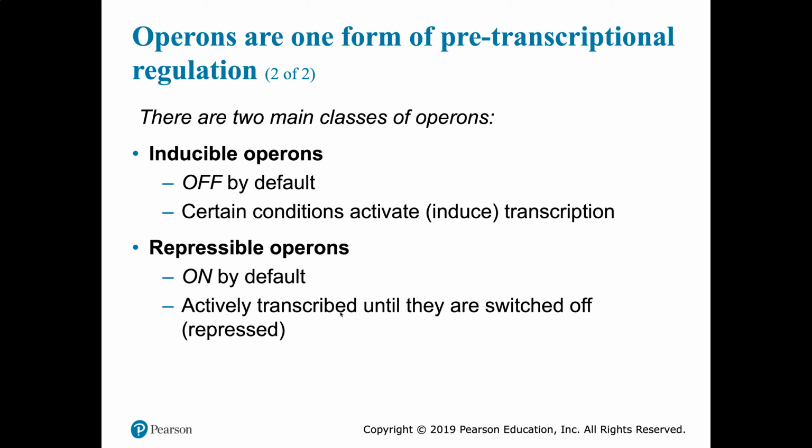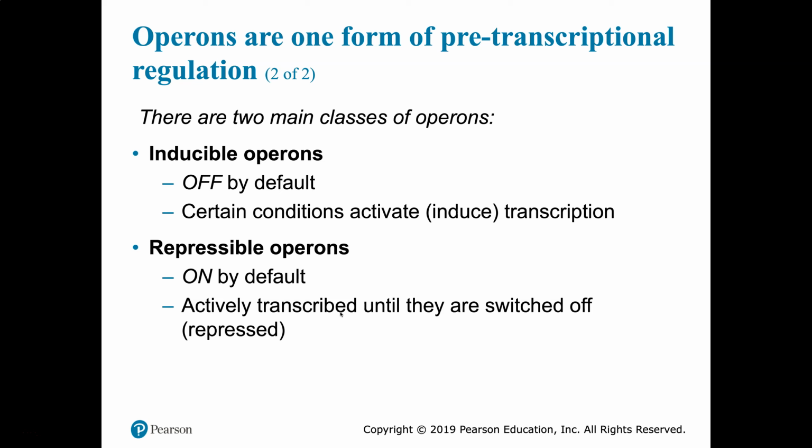So in an inducible operon, where however many genes that have similar functions are all grouped together, transcription and therefore translation are turned off by default, and it has to be turned on. You have to induce transcription.